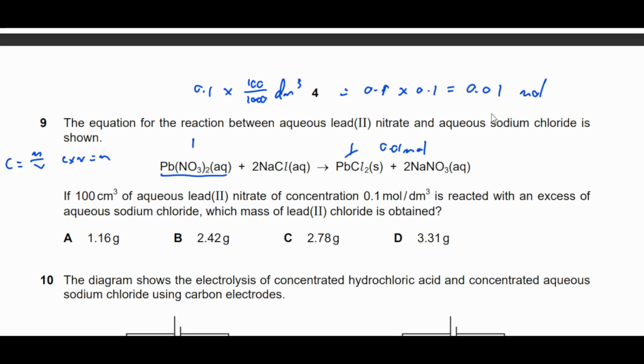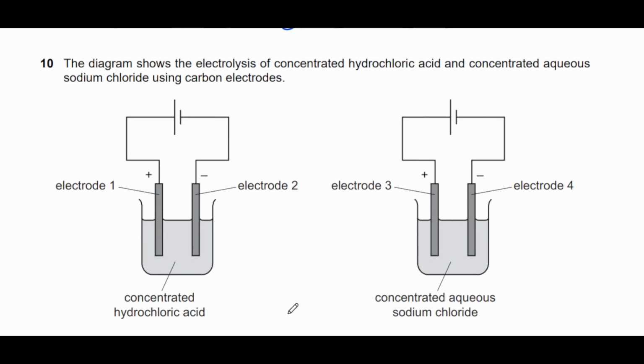You need to take 0.01 mole times the MR to get the mass. So the MR of lead chloride is 207 plus 35.5 times 2, okay? Times 2. So this will give you 278. Okay, so therefore your answer is 0.01 times 278, which is 2.78. So for question 9, answer is C.